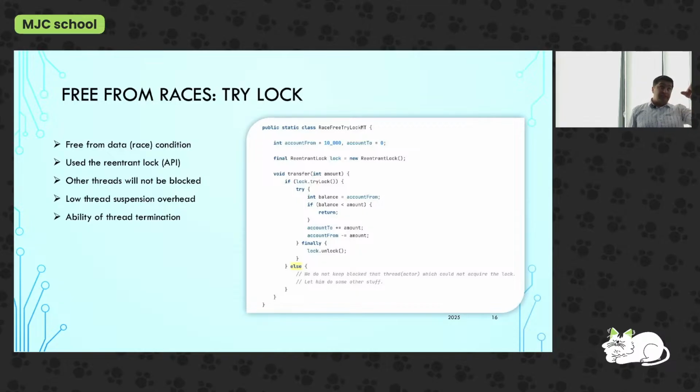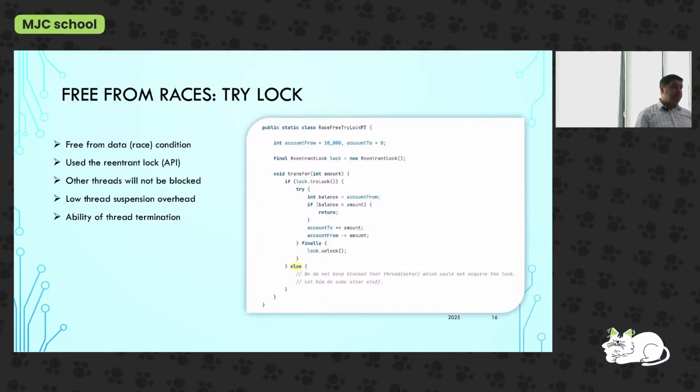In this code, with tryLock, we improved this a little. Instead of synchronized, we use a ReentrantLock in order to avoid that suspension overhead. The threads which couldn't acquire the lock won't be blocked.